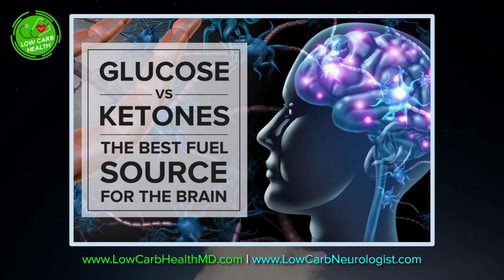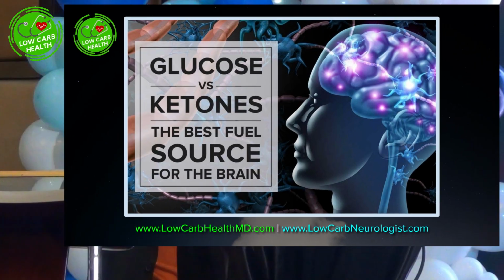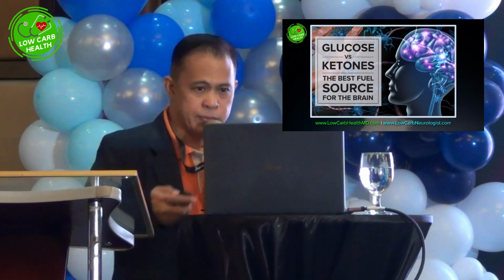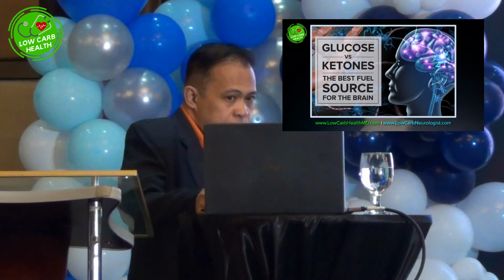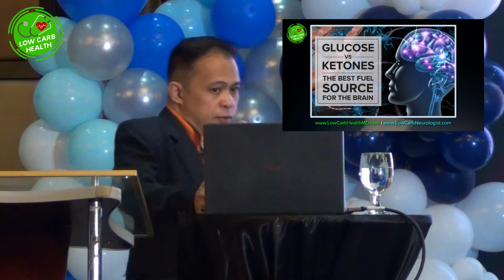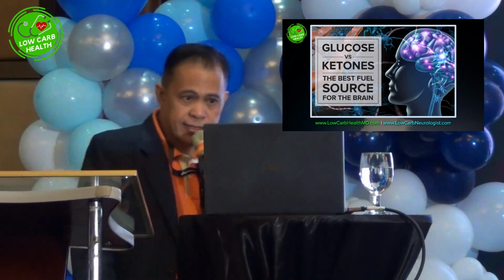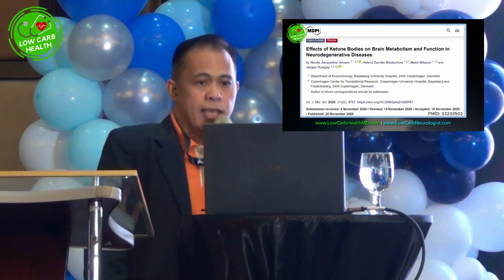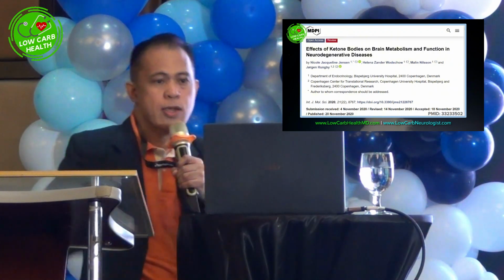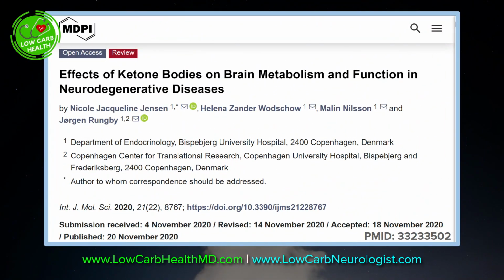That's why I highly advocate for the ketogenic diet, because it is the most powerful fuel for the brain. In fact, glucose versus ketones, hands down, it's the ketone bodies that highly promote brain metabolism and function, even improving and at times reversing neurodegenerative diseases.